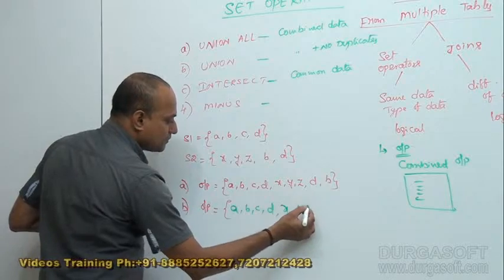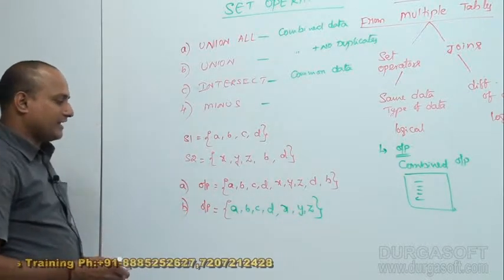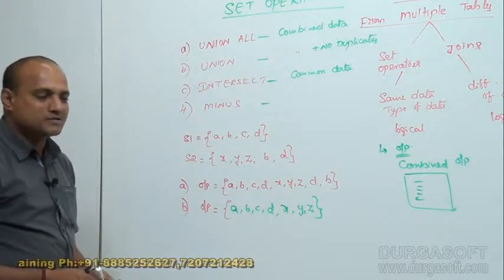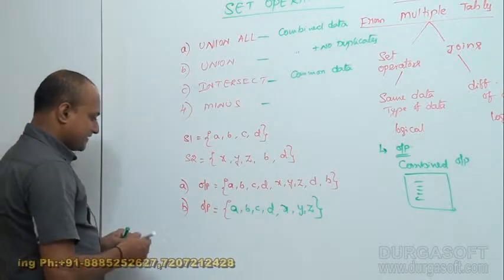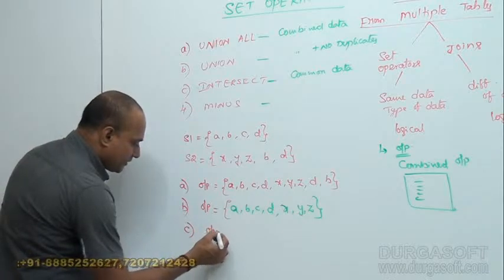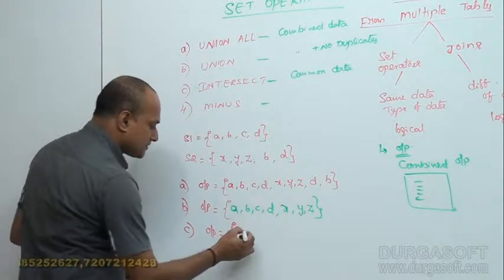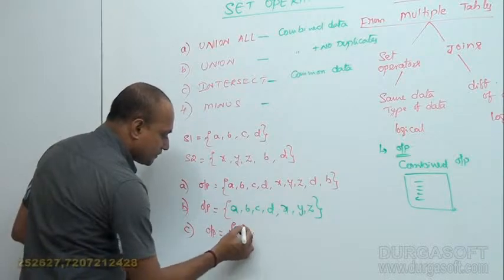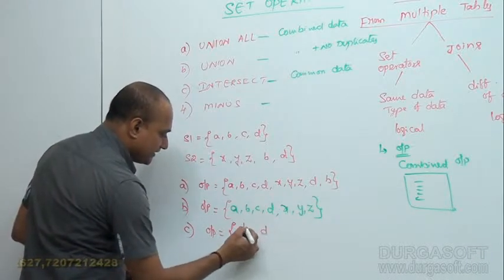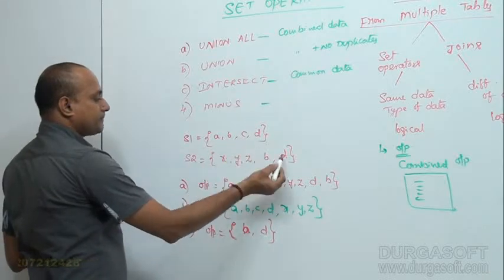So X, Y, Z, it will not display B and D again, because union is restricting duplicates. And next one, intersect: if I apply the intersect operator for looking for common values, you will get only B and D, because only B and D are repeating here.